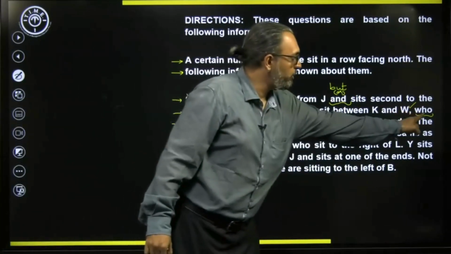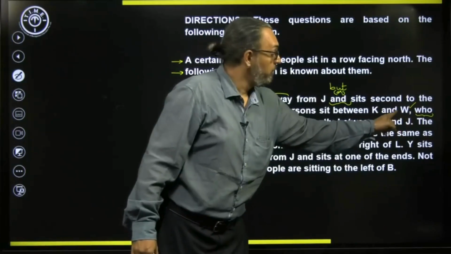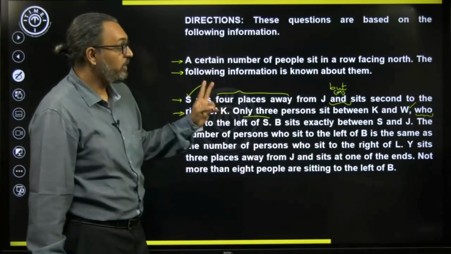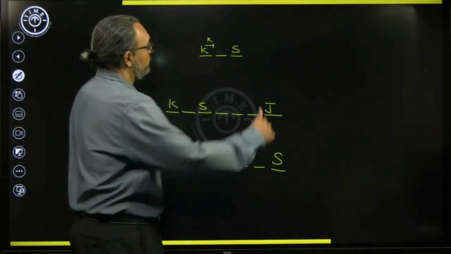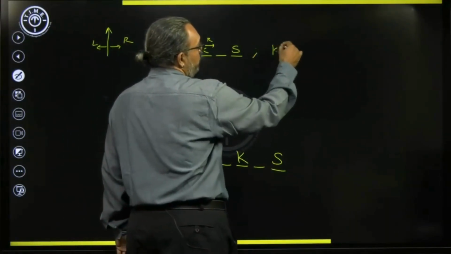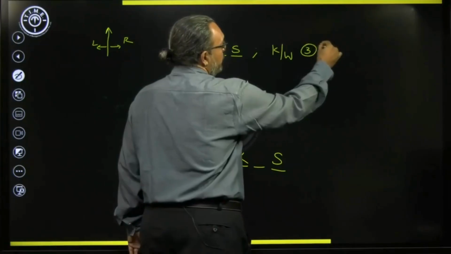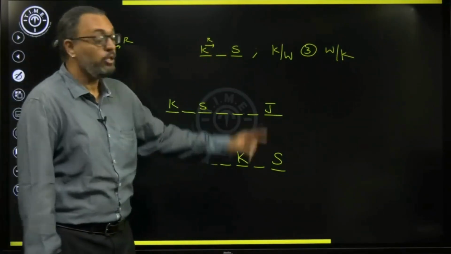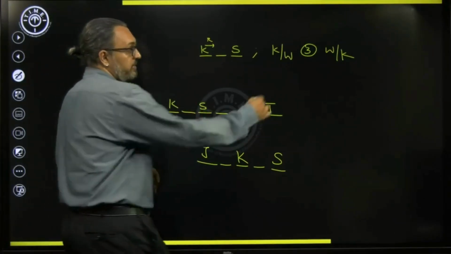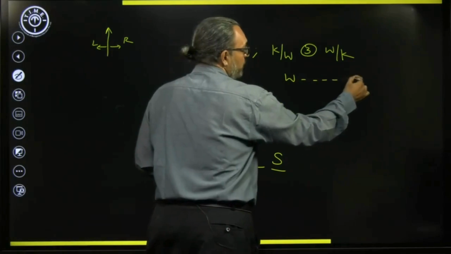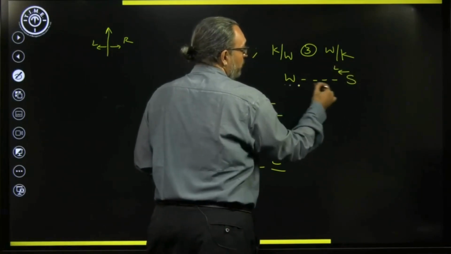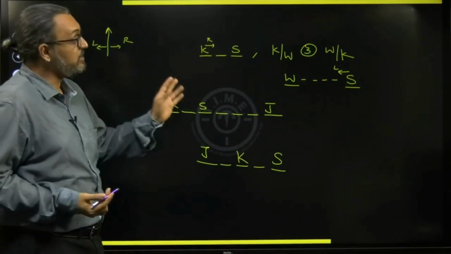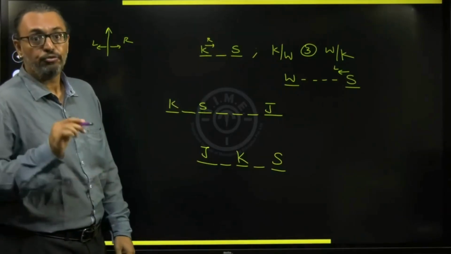So only 3 people are there between K and W, like this. "Who" means W should be on the left side of S. We know in a linear arrangement, left does not mean immediate left. Some position to the left can also be happening, but compulsorily W should be to the left side of S.